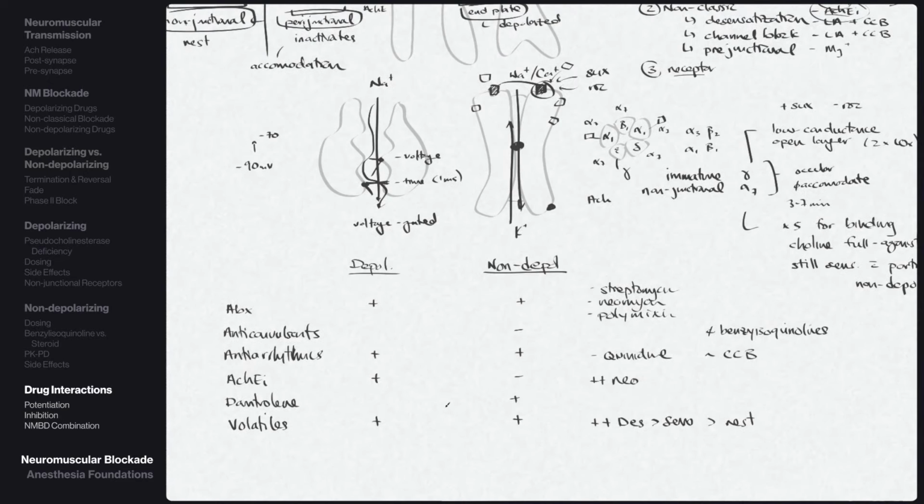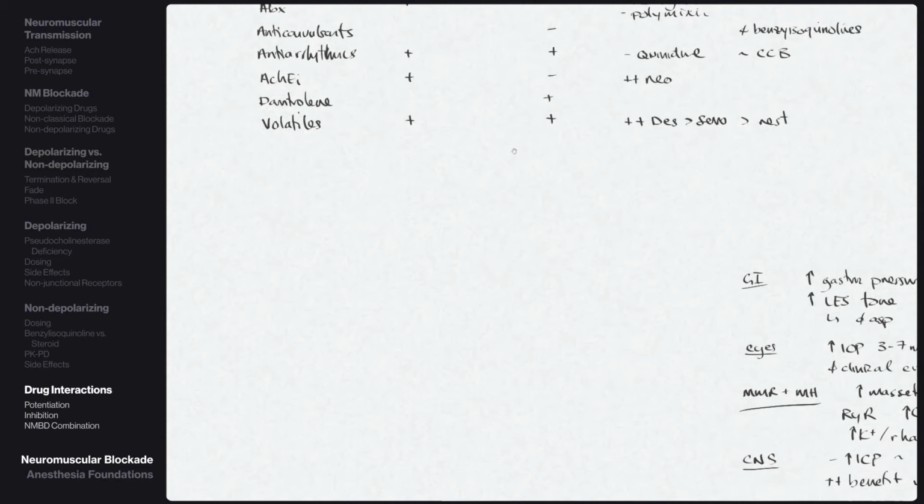Other medications include ketamine. This has the ability to potentially prolong non-depolarizer muscle blockade, and this probably has something to do with spinal cord inhibition at the site of our dorsal horn. As well, local anesthetics, which we've mentioned before, can act with direct channel blocking effects or potentially pre-junctional effects. This can block depolarizing as well as non-depolarizing agents since it's acting at a different mechanism of action.